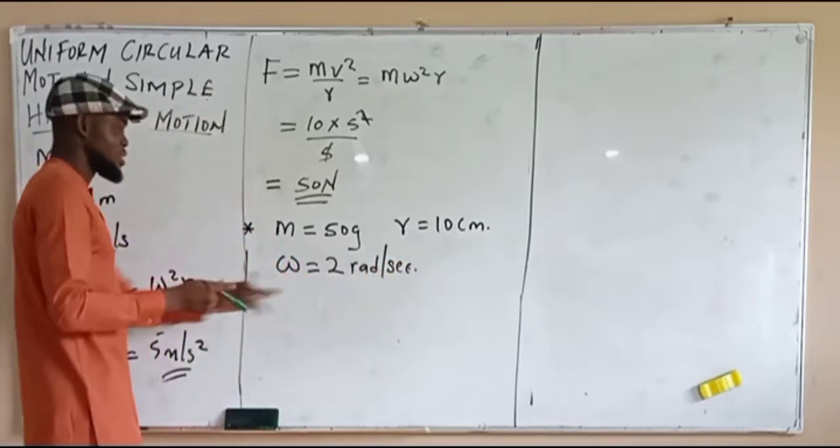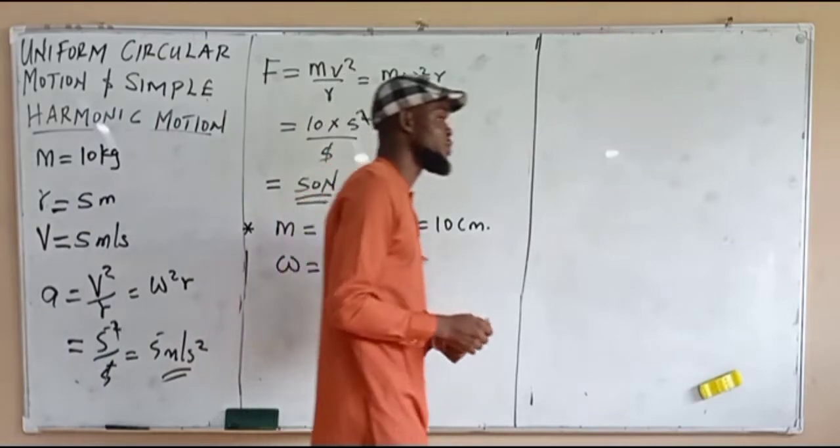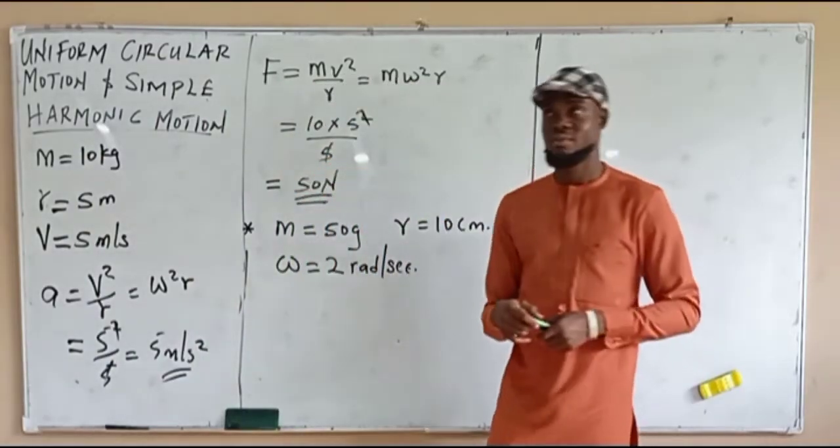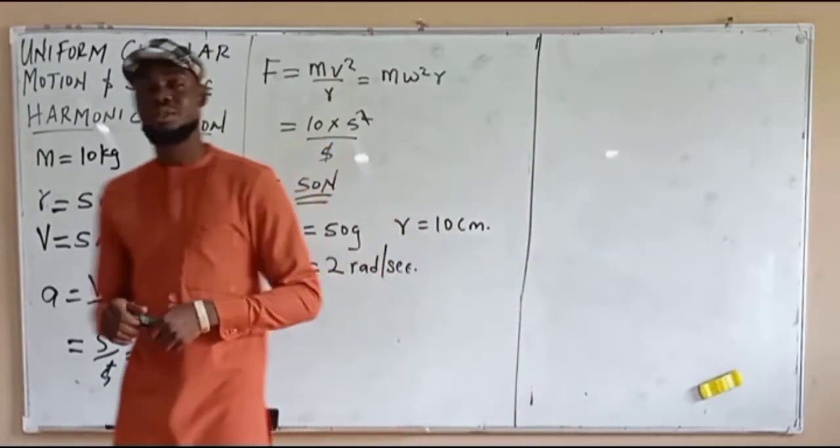Rad is just an abbreviation of radian. So 2 radian per what? Per second.